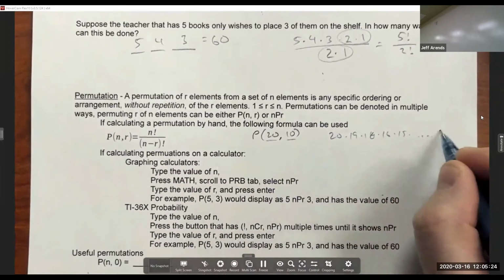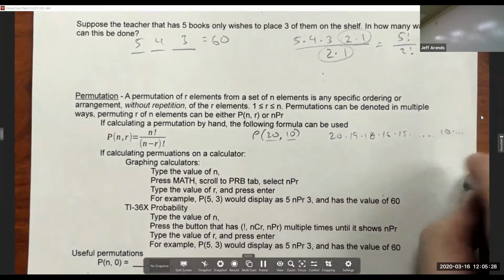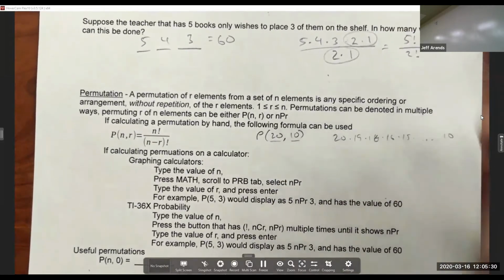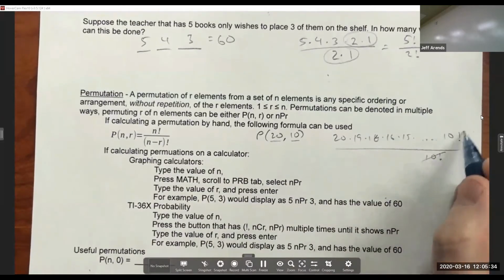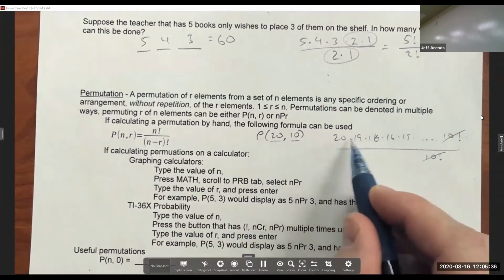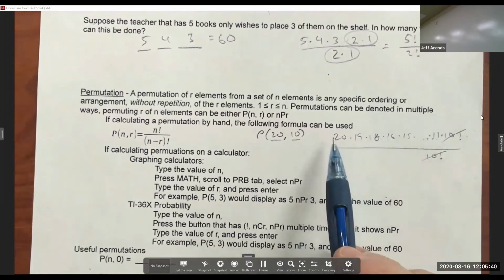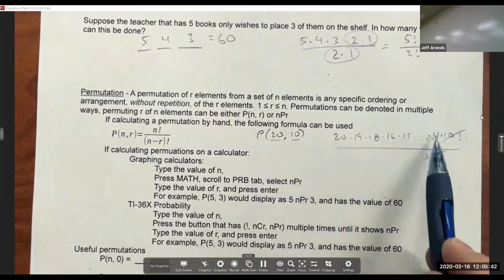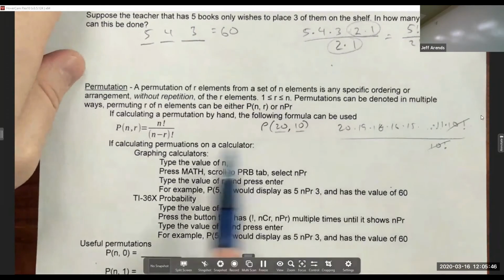At some point, we get to the 10 times, and that's really just a 10 factorial there. Dividing by the 10 factorial allows us to cancel that. So we get 20 times all the way down to times 11. If you were to count these up, we would have exactly 10 books that are arranged. That's where this formula is coming from.